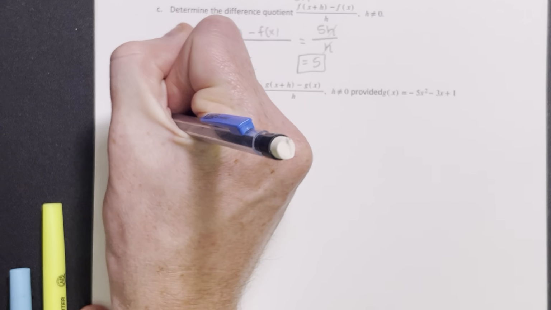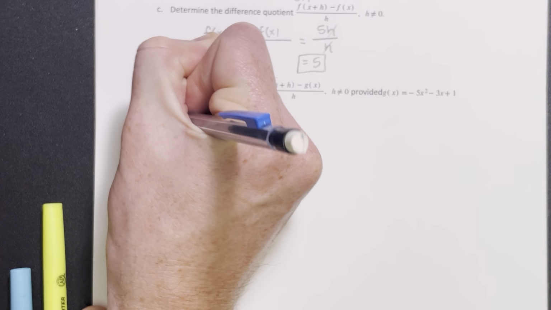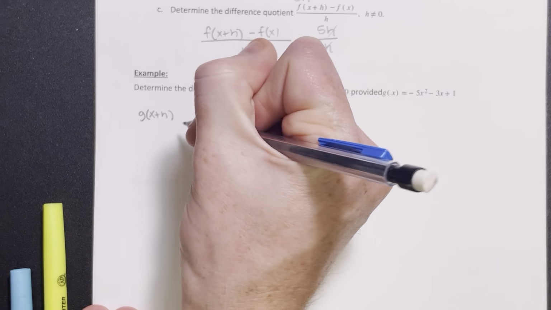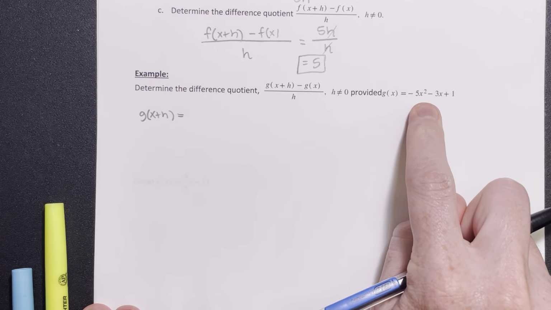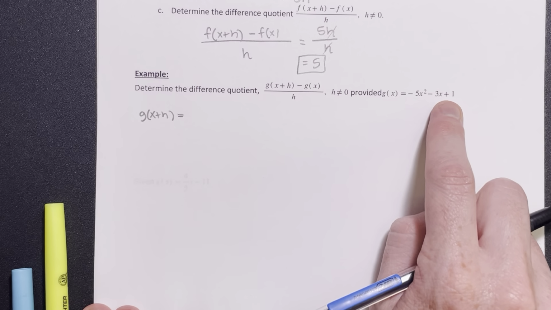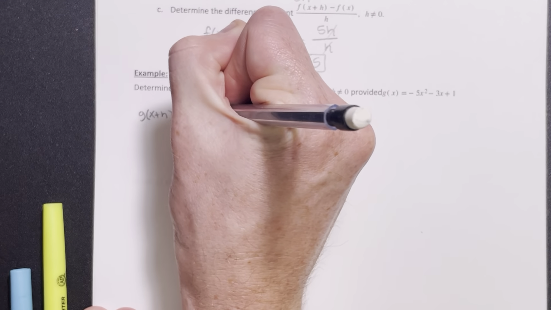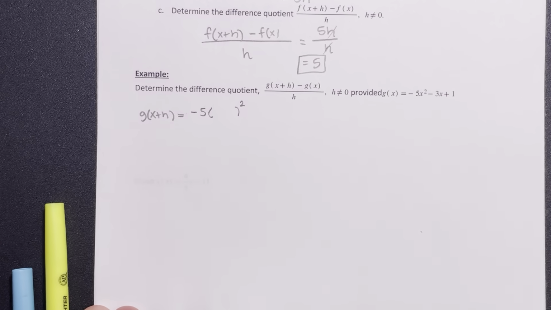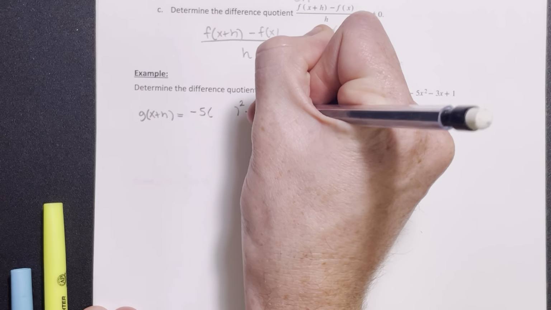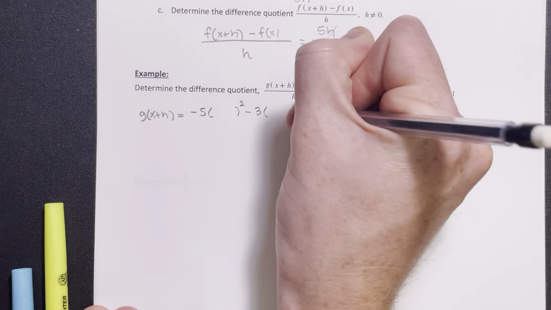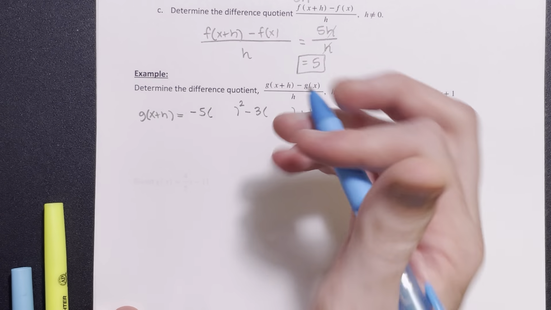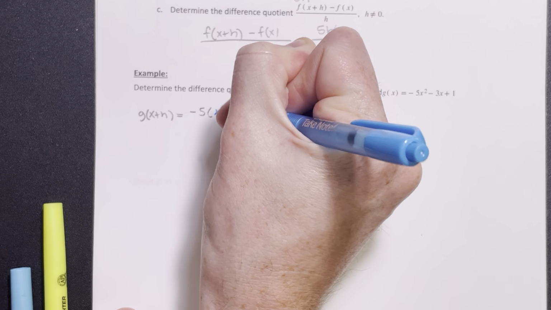So for this one, I'm going to start with just determining g of x plus h. For this quadratic function, you have more than one x, so each of those is going to be replaced. This would leave us with negative 5 times something squared minus 3 times something plus 1. Each time we see an x, it's being replaced with x plus h.